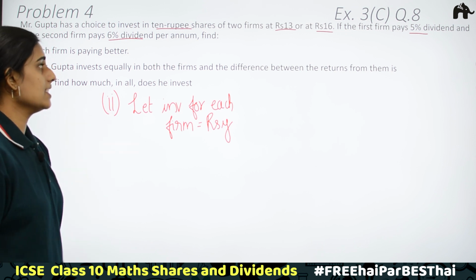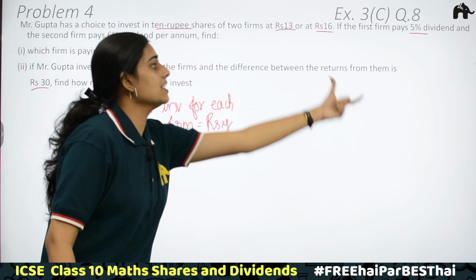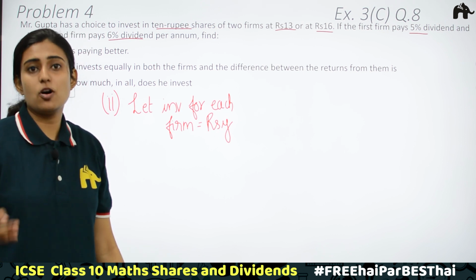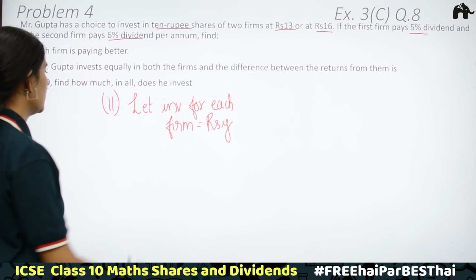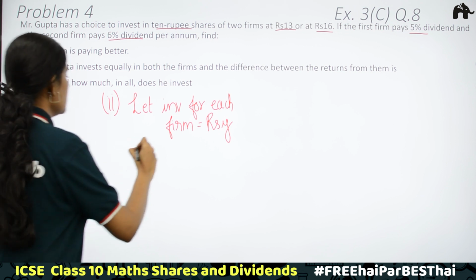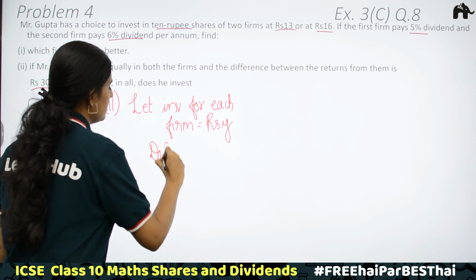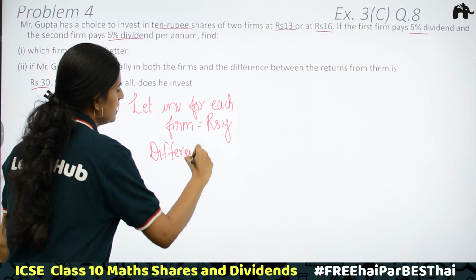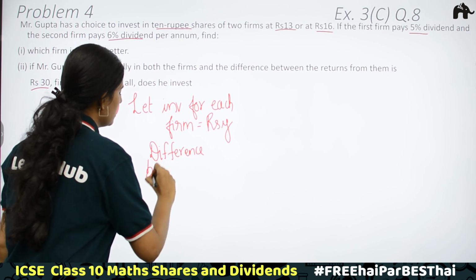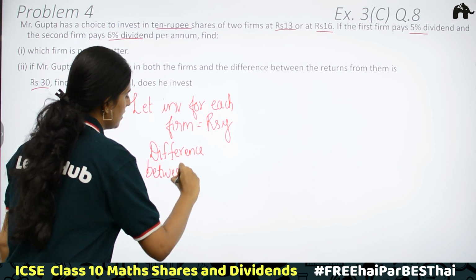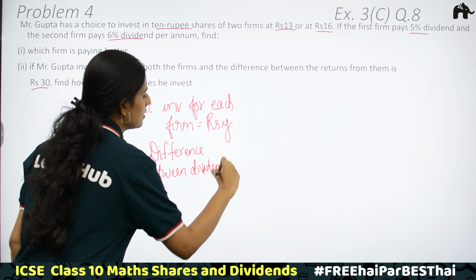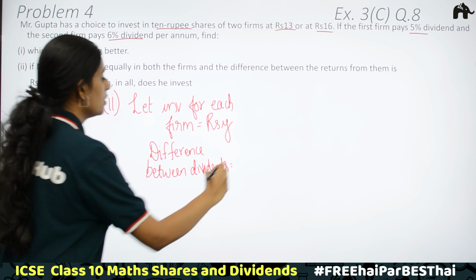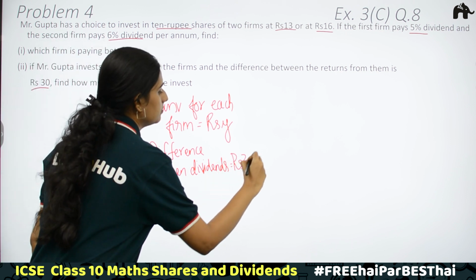The only thing that is given is the difference between the returns. Returns means income or the dividend. The difference between the returns is, difference is given. Difference between returns or dividends is equal to rupees 30.